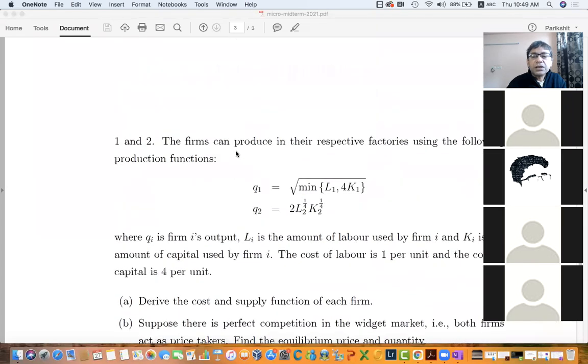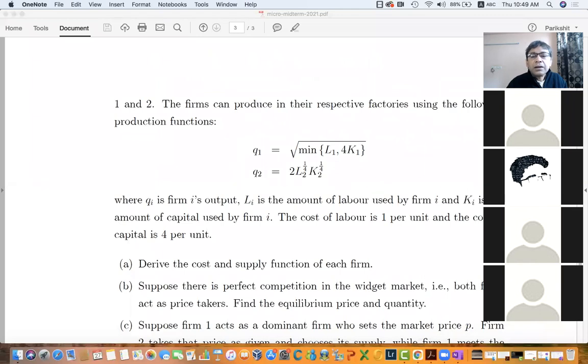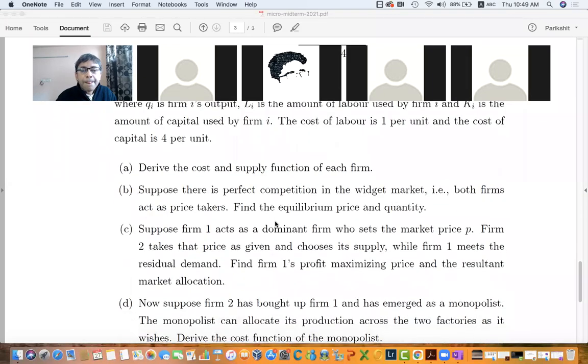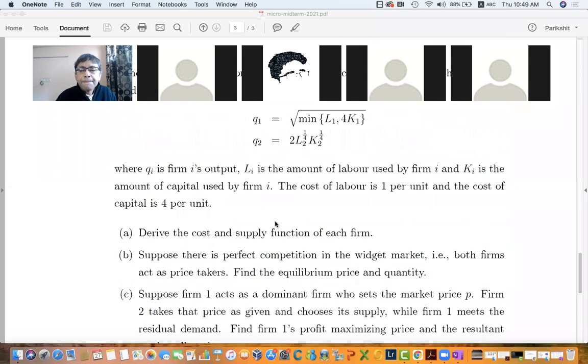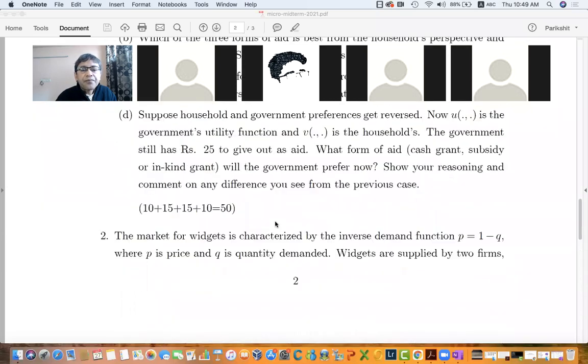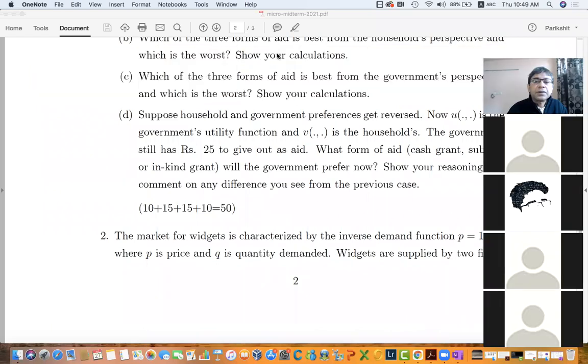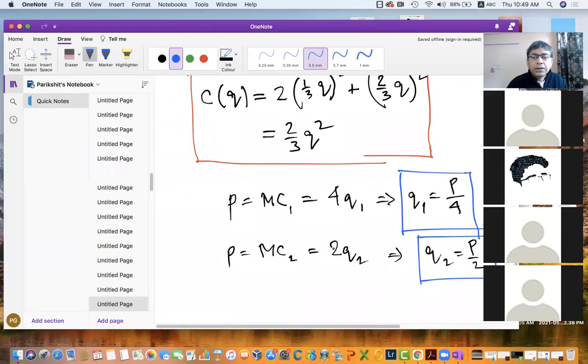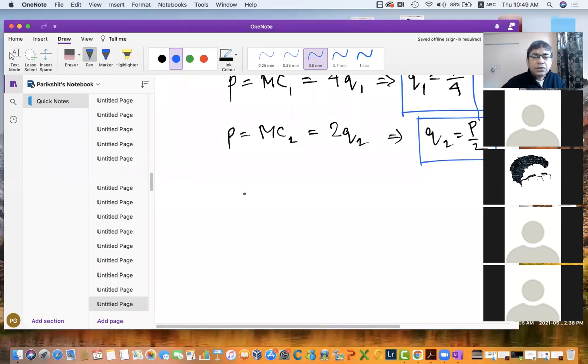Demand function was given to be P equal to 1 minus Q. So the direct demand curve is Q equals 1 minus P. From that, you have to subtract the supply coming from firm 2, which is P by 2, right?